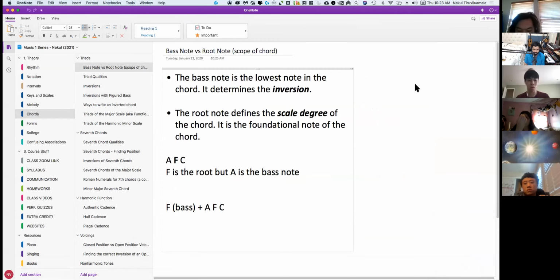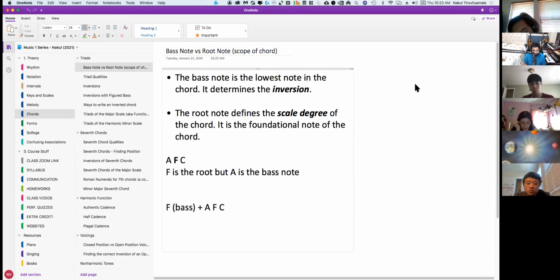If someone plays me a chord, I want to know that the root is da. I don't care if they play it in this inversion or this inversion. I want to know that this root is da. It's the scale degree that defines the chord, and as such, in order to prioritize what I want to figure out first, I figure out the root of the chord. I try to get a sense for that tonality, because each chord is its own little universe.